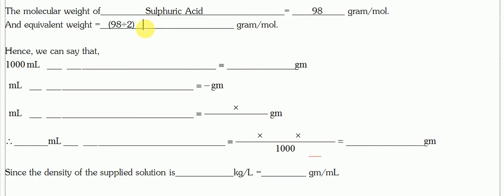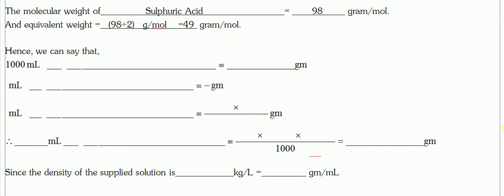The equivalent number of sulfuric acid is 2. So 98 is the molecular weight and 2 is the equivalent number. We divide the molecular weight by the equivalent number, and this gives us 49 gram per mole. So 49 gram per mole is the equivalent weight of sulfuric acid.